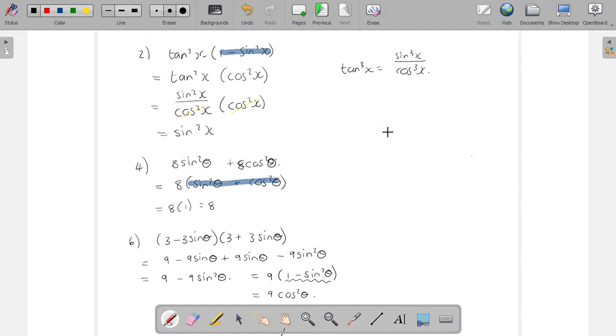So you can't say something like this, because it's not true. A function does not exist on its own. A function is always in terms of an angle. So this, no. Does not exist. Cannot be.